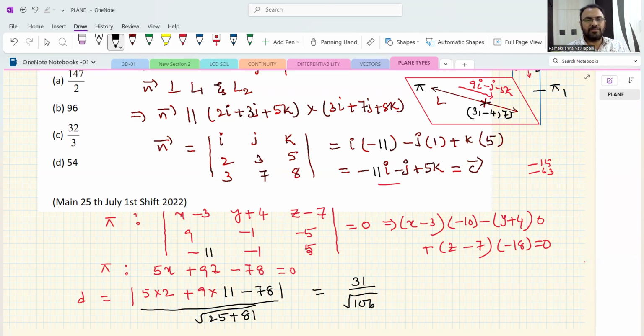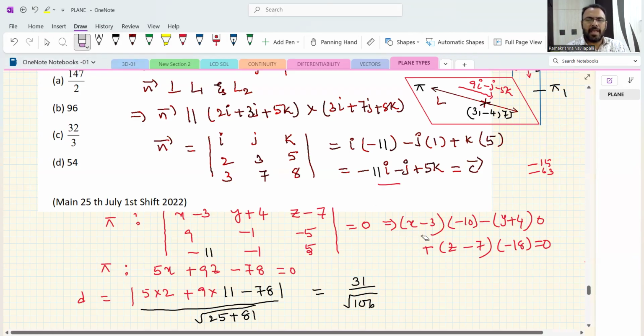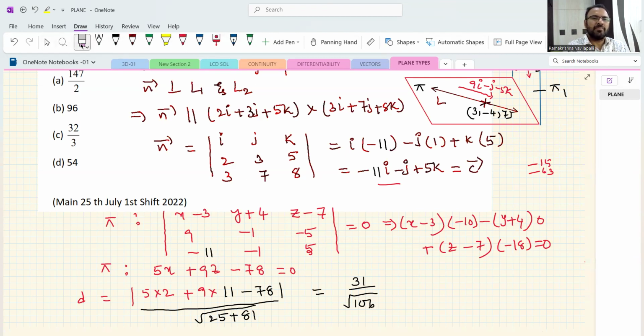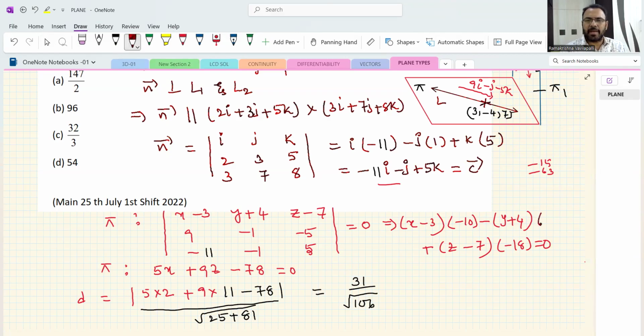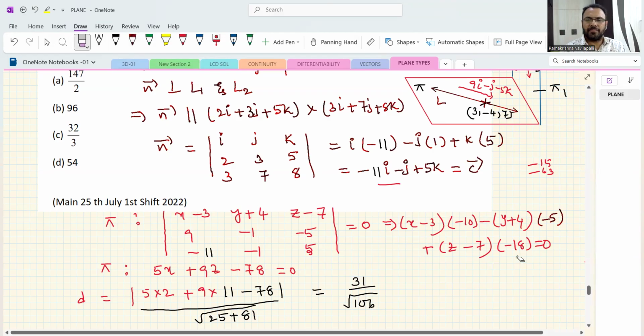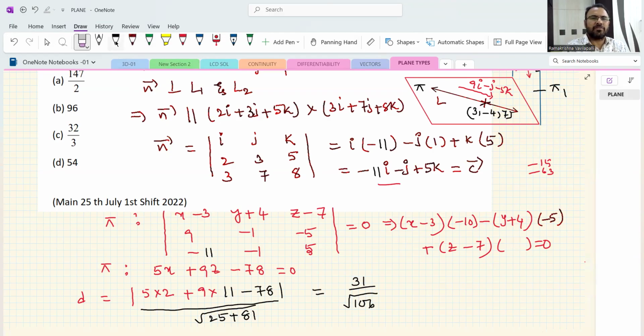All right. x minus 3 into this is 10, right? y plus 4 into minus of 45 minus 55, that is nothing but minus 10. And this is minus 9, minus 11, minus 20. This is minus 20.